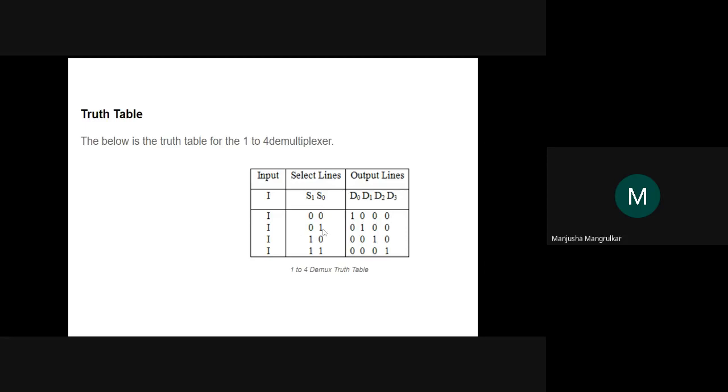If it is 0 1, then D1 will be 1 and the rest are all 0. If my selector lines are 1 0, whatever the data of I, it will be on D2. If 1 1, whatever the data of I, it will be on the D3 line. So this is the truth table of a demultiplexer, just the opposite of the multiplexer.